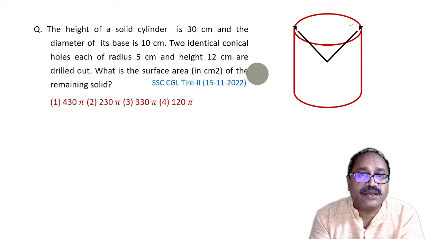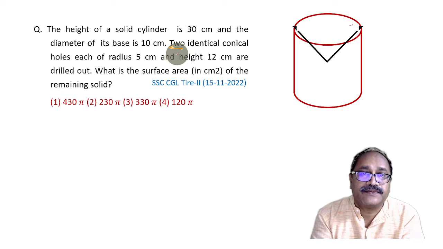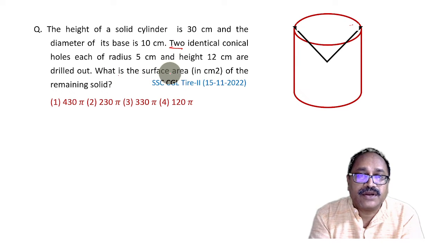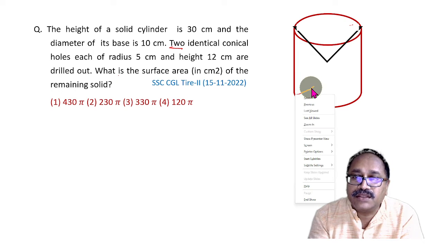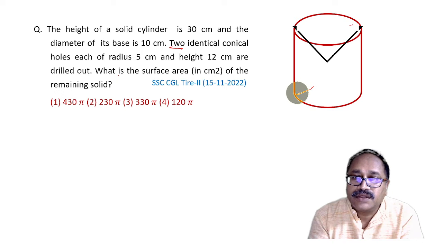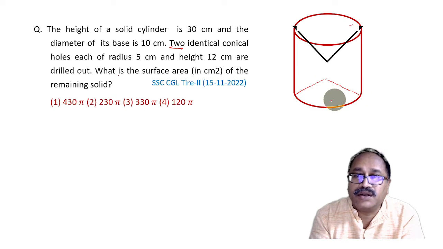In a similar way, how many identical cones? Two identical cones. Now you are asked what is the surface area of this? So you will have another cone. I can assume that we have another cone in this way here. Another cone you have drilled, and look at this one.